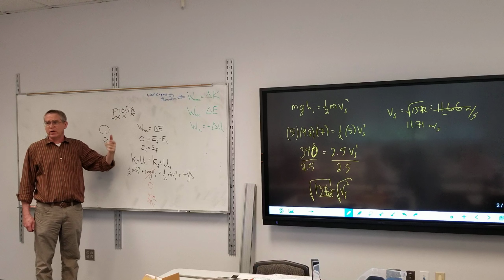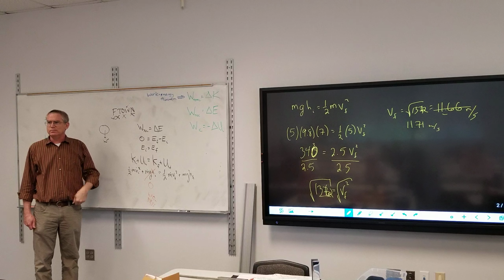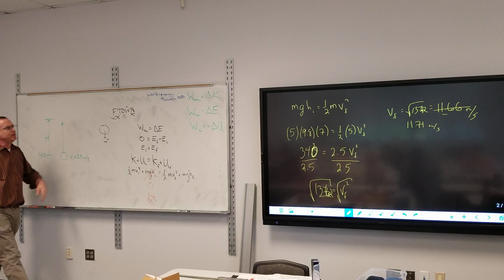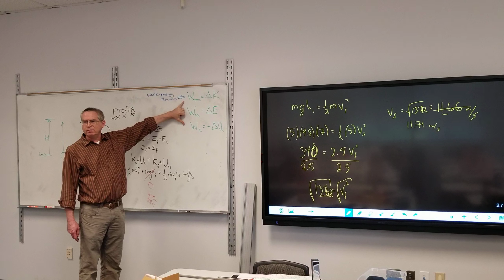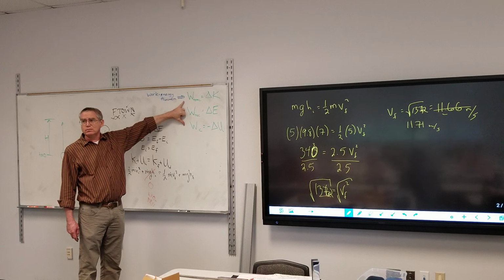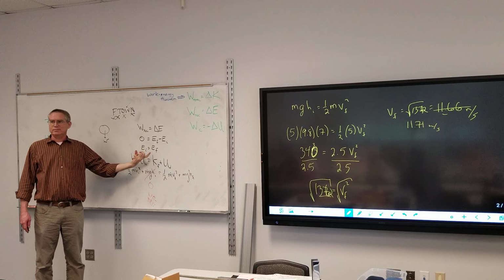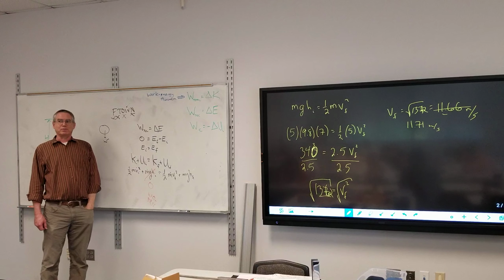We could have started with one of the other ones, but it's easier to get to what you want. If we did one of those two, we would actually have to bring in solving for work. And to me, it's just simpler if work is 0, energy is conserved, so I don't have to worry about force times displacement.